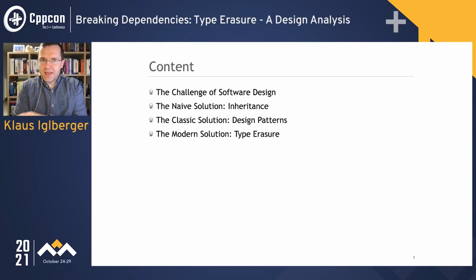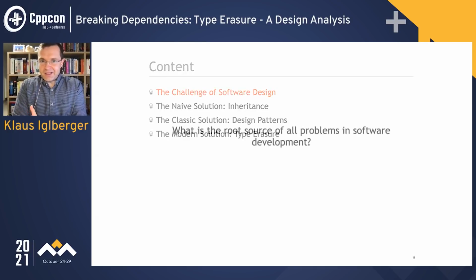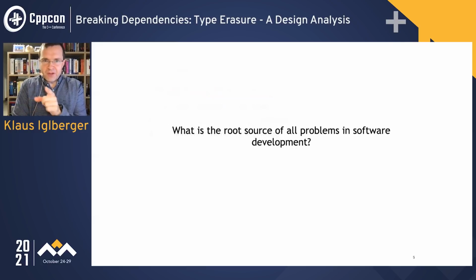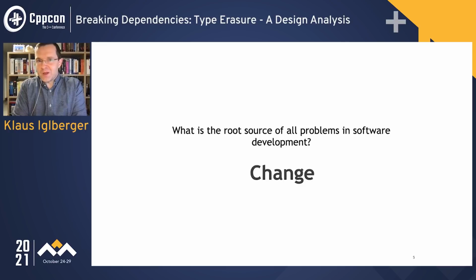So let's start with the challenge of software design in general, because I believe this is indeed super important. If you develop software, you're always facing problems. But interestingly, all of these problems have to do with change. If we wouldn't have to change things, if everything would already work, then we would be fine.